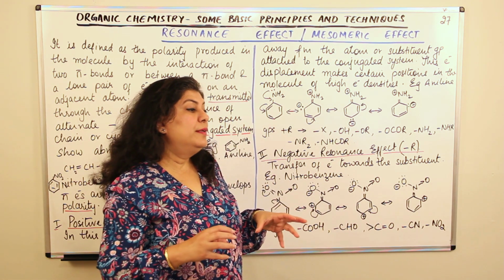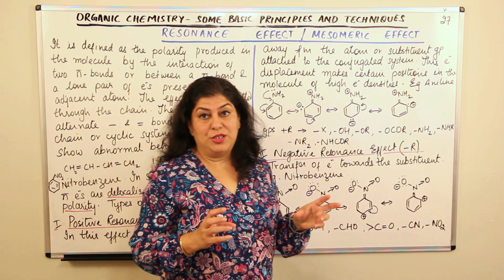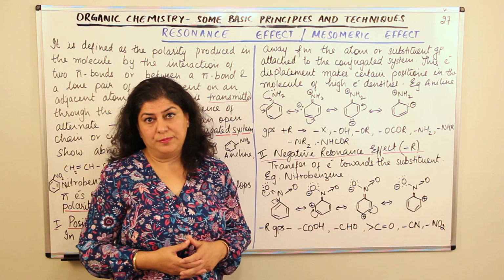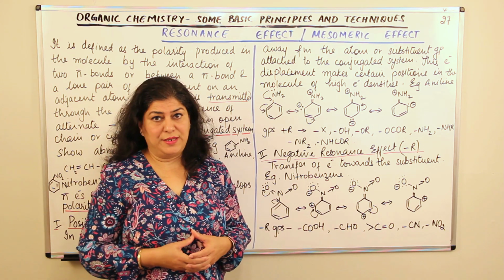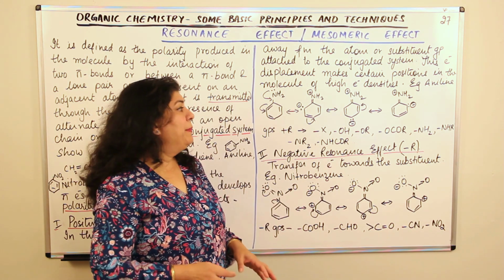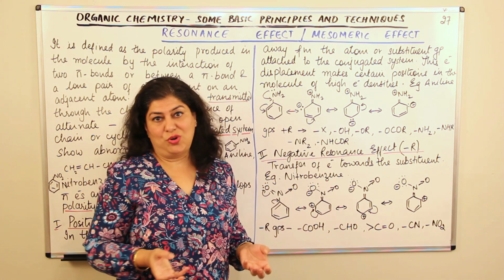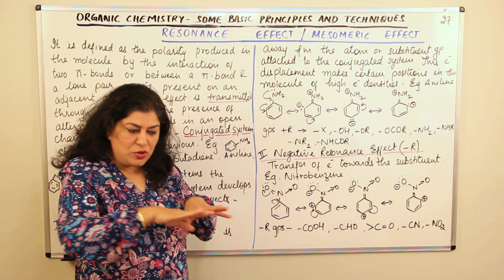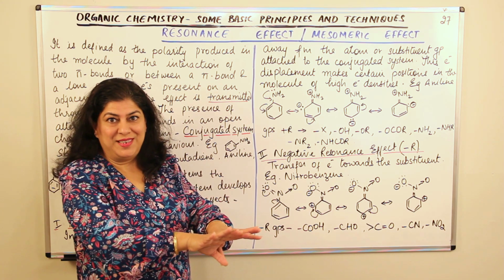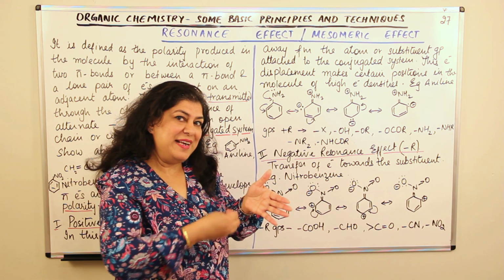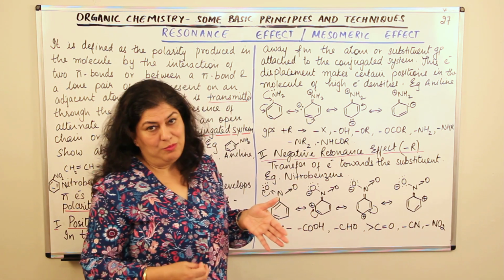Now, which are the substituents which would result in a plus R effect, or positive resonance effect? Plus R effect will only be produced by those substituents who can provide electrons, who can push electrons away from themselves. Okay? And they will cause the electron, that is the negative charge, to rotate in the molecule.